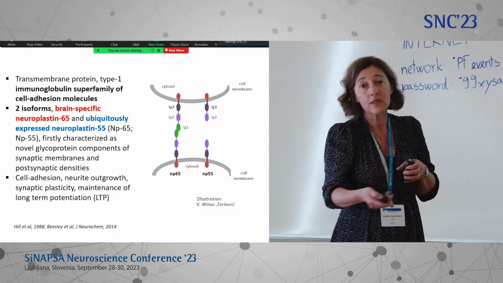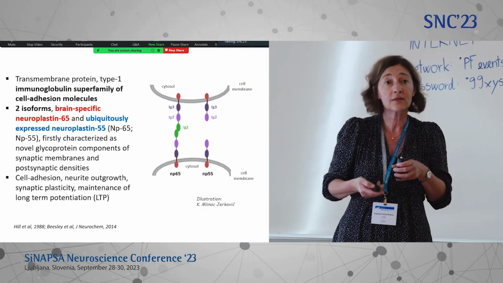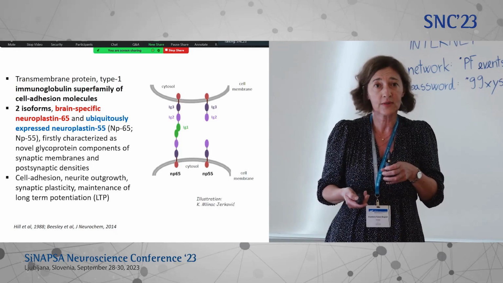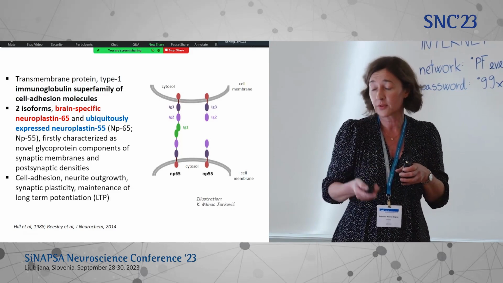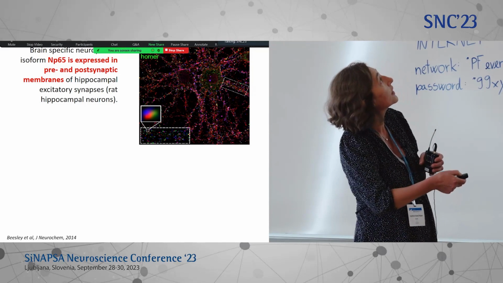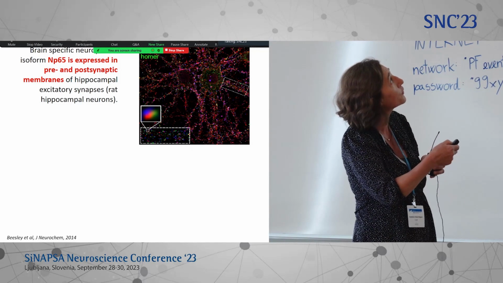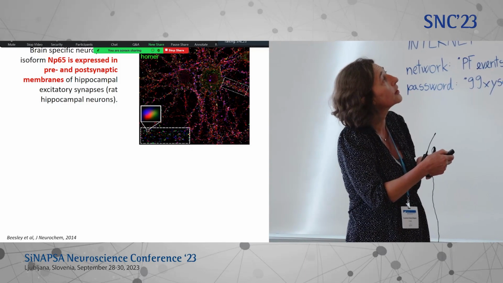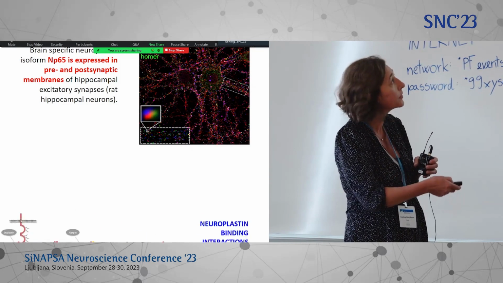Then a whole series of studies started, which evidenced and strongly supported the idea that this cell adhesion glycoprotein molecule is important for many processes in the brain, like neurite outgrowth, synaptic plasticity, maintenance of long-term potentiation, etc. When we look at where exactly this protein is expressed, we can see it is expressed in presynaptic and postsynaptic membranes. This is a nice picture from studies of hippocampal excitatory synapses from rat hippocampal neurons.